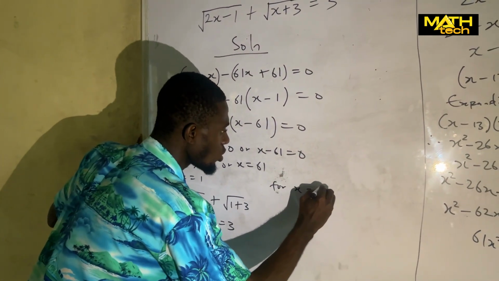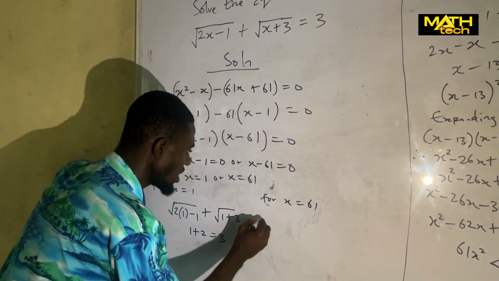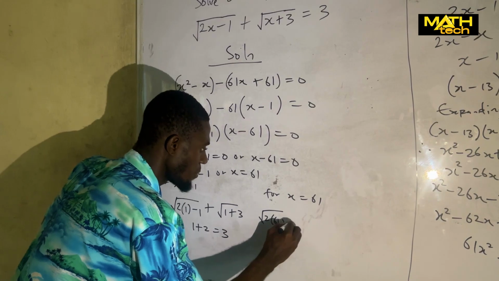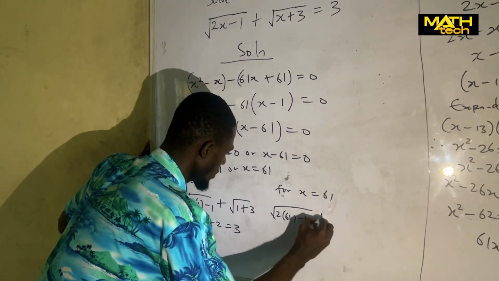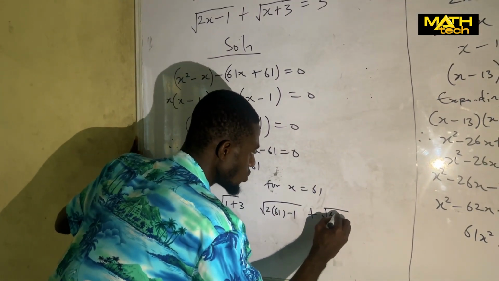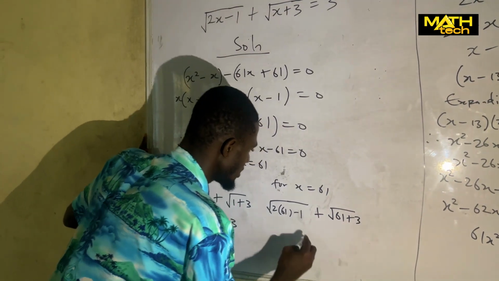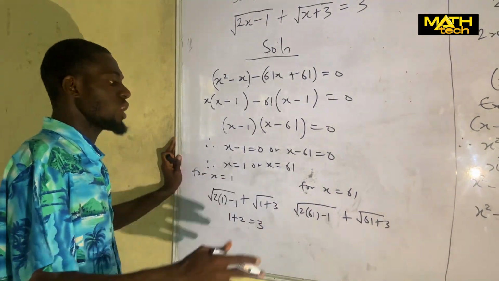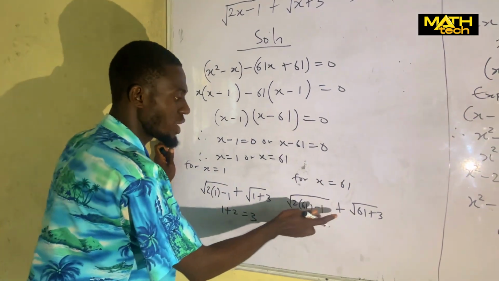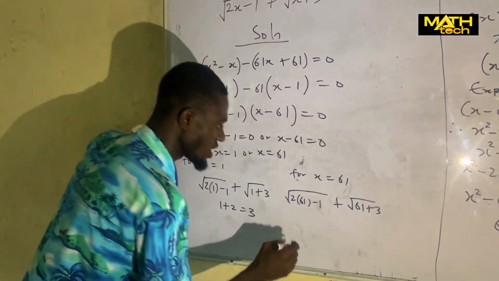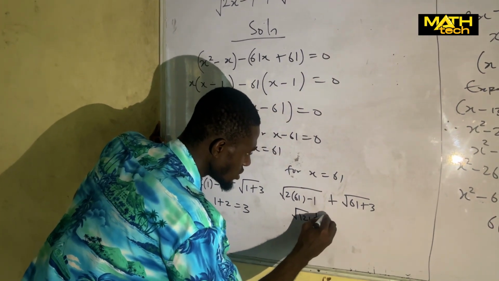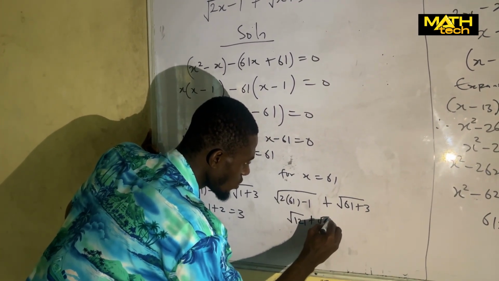So we also check the same for x equal to 61. We have 2 into 61 minus 1 plus the square root of 61 plus 3. And this will give us 2 into 61 will give us 122. 122 minus 1 will give us 121. So this will be the square root of 121 plus the square root of 64.